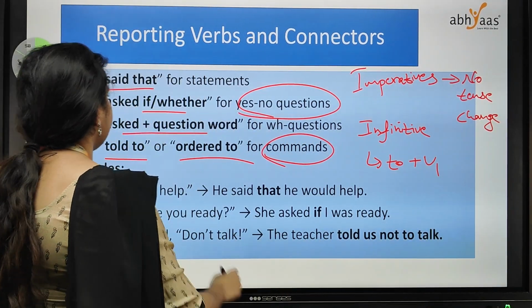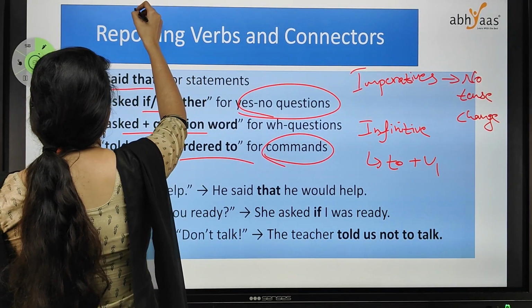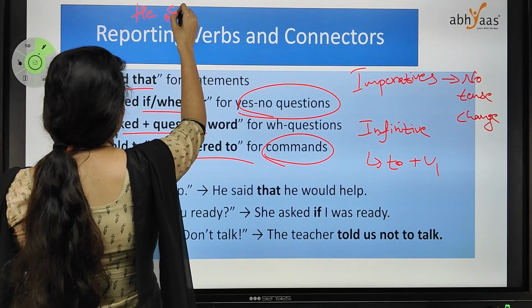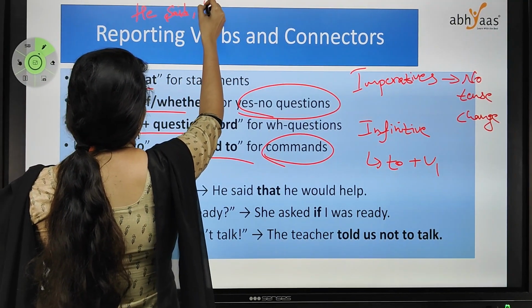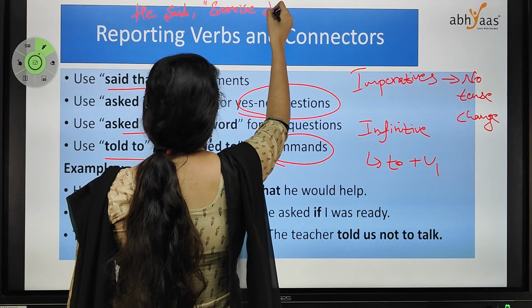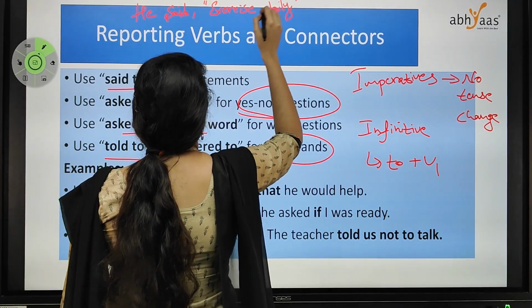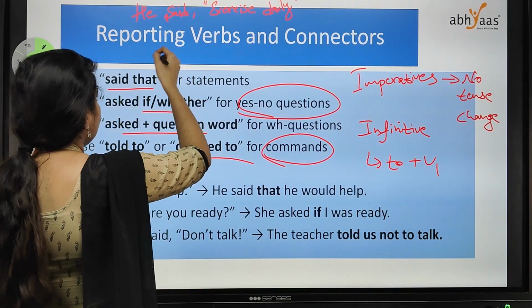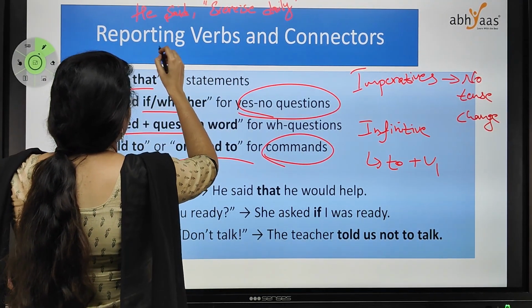For example, I can say, he said exercise daily. This is a suggestion, it's an imperative. So when you change this into indirect speech, the tense is not going to change.